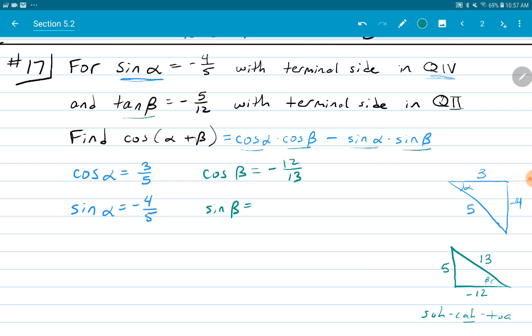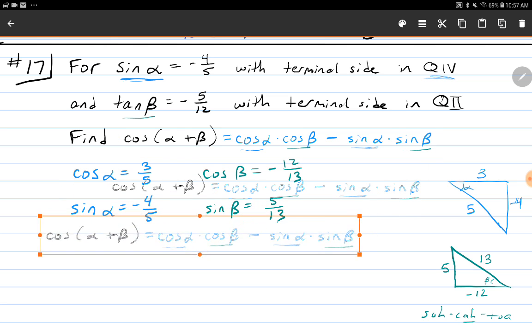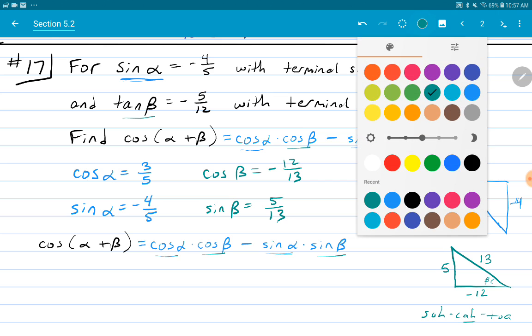And sine is 5/13. So now I have everything I need. I can fill in this formula here. So let's bring that formula down. I'm going to use this formula, and I'm going to plug and chug.